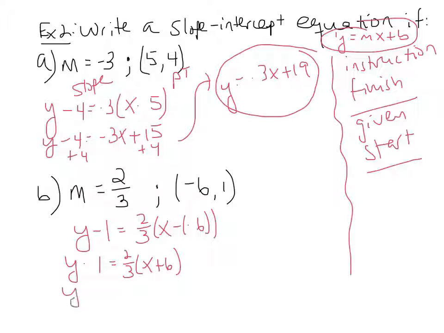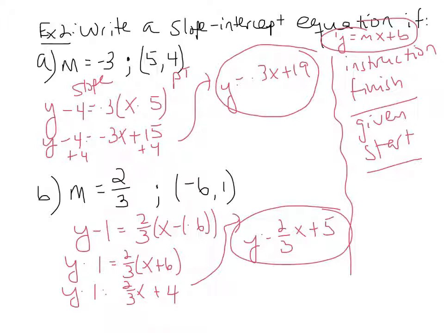Now we'll distribute the slope through the parentheses. So 2/3 x plus, what's 2/3 times 6? 12 over 3 reduces to 4. We'll add 1 to both sides, and we will get y equals 2/3 x plus 5.